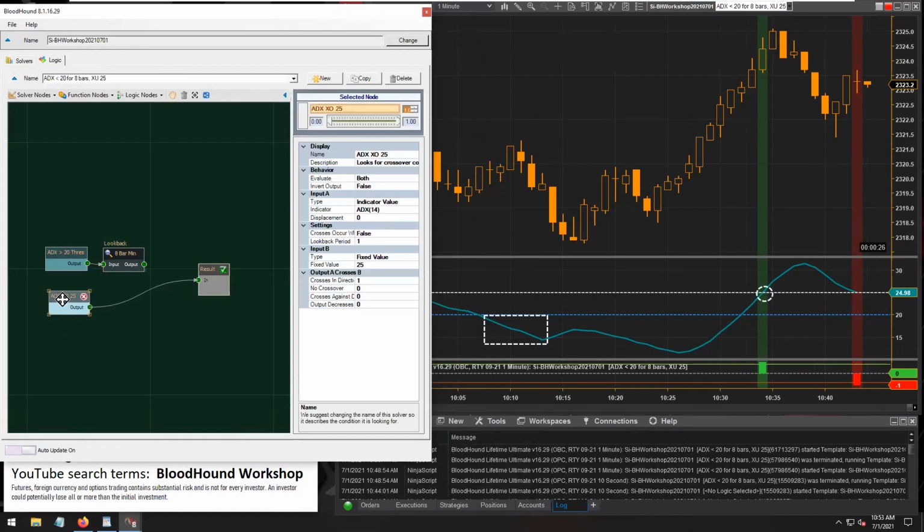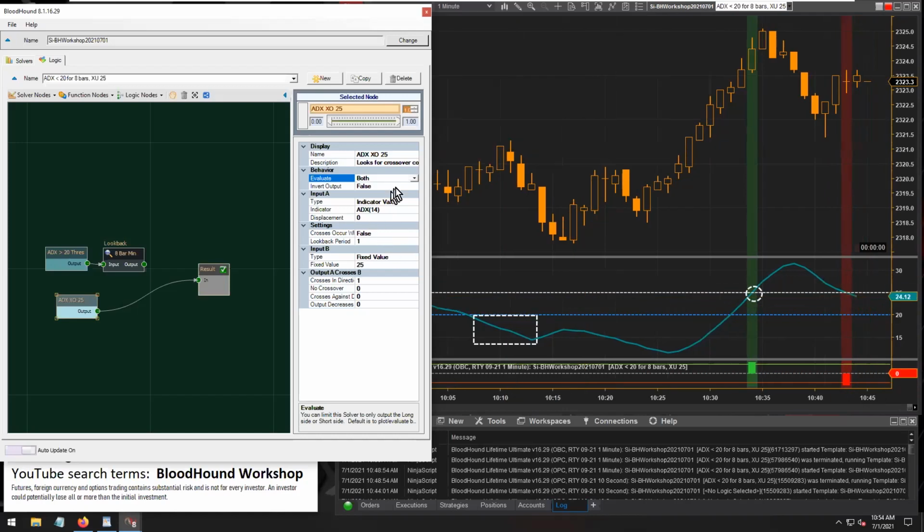So with this crossover solver, we're only interested in the ADX crossing above the 25. We're not really interested in the ADX crossing below 25. So in the evaluate, I can eliminate those short signals when the ADX crosses down below 25 by saying long only.